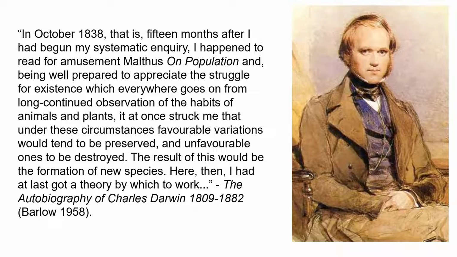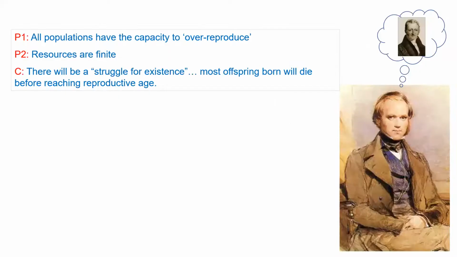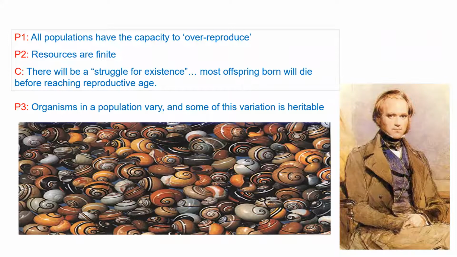And so really the hypothesis of natural selection is built on this Malthusian foundation. And to this foundation, Darwin recognized, having been an avid beetle collector and naturalist during his lifetime, that even among beetles in one particular species, there's individual variation, and that some of that variation is heritable.